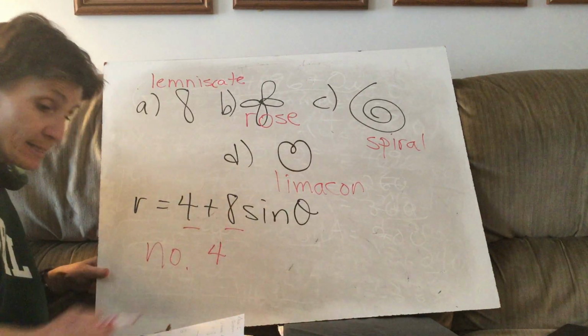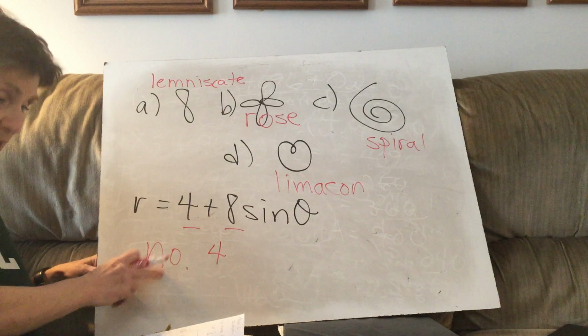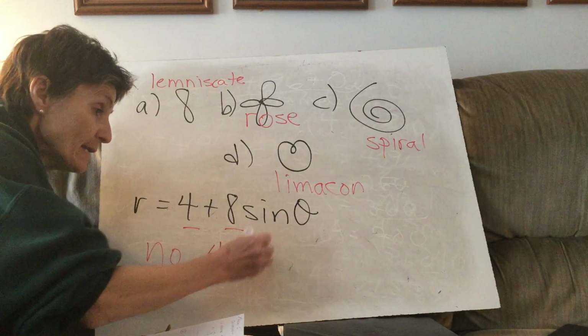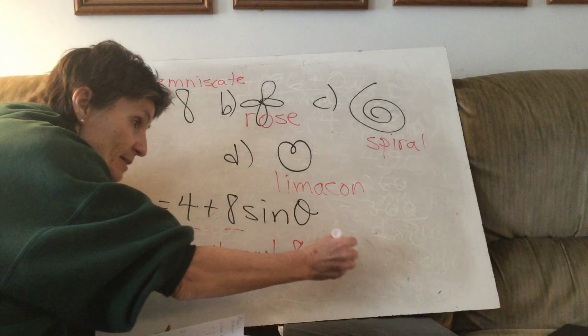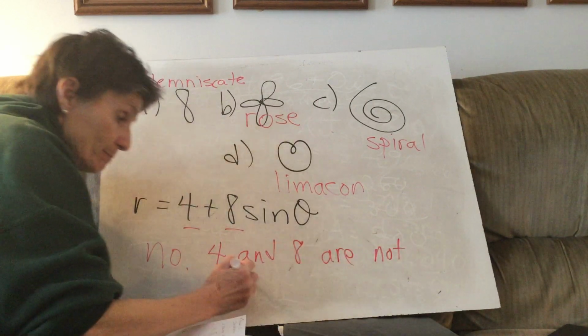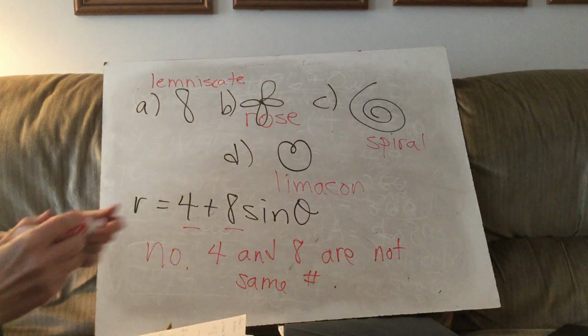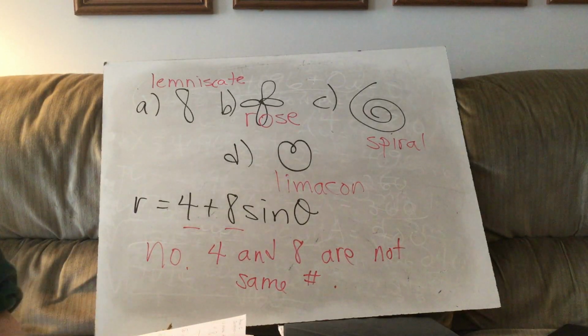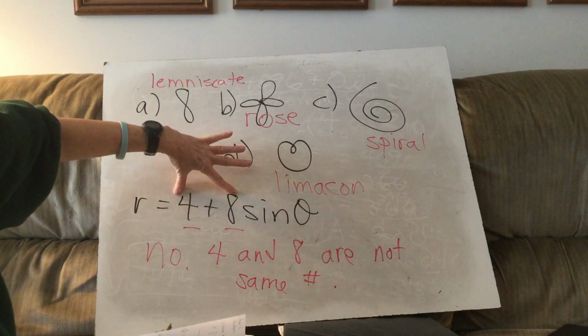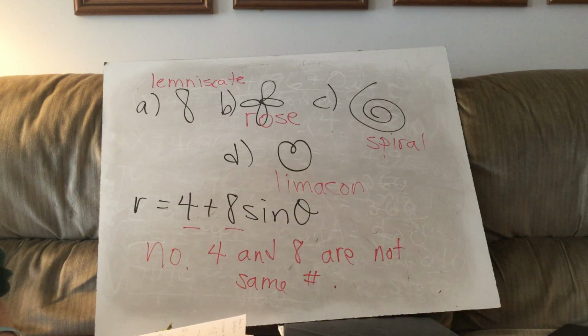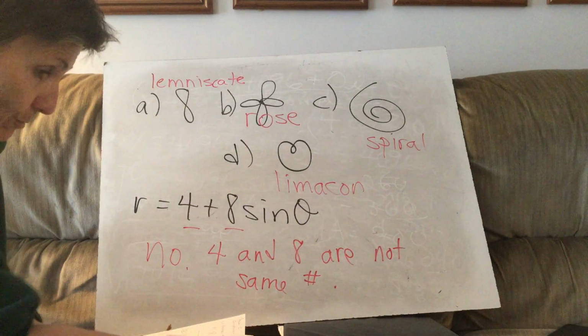So, is it a cardioid? No. 4 and 8 are not the same number. In order to be a cardioid, these 2 numbers will match. They don't. So that is not a cardioid.